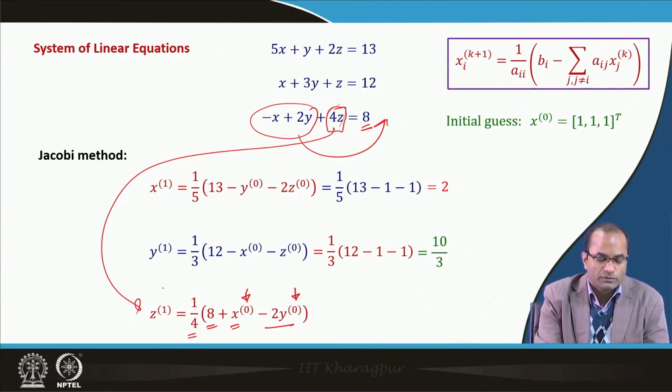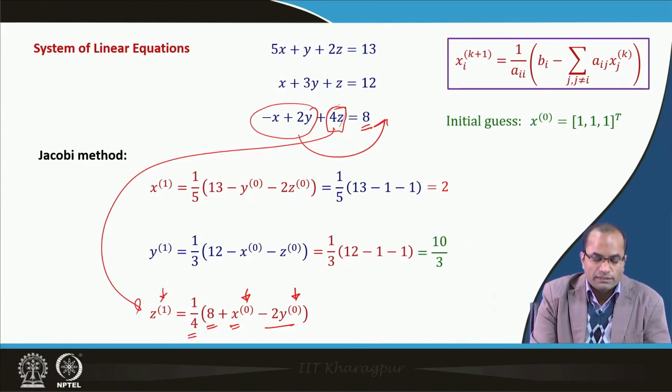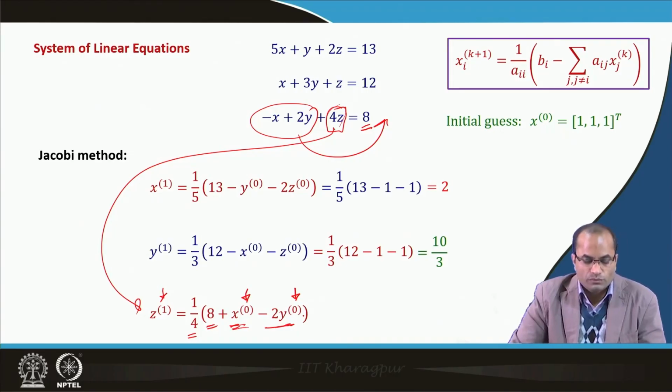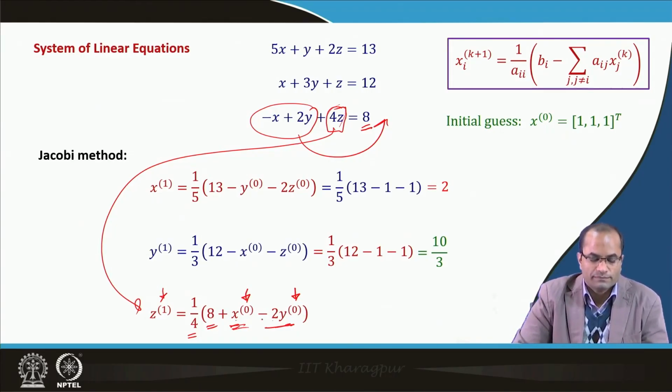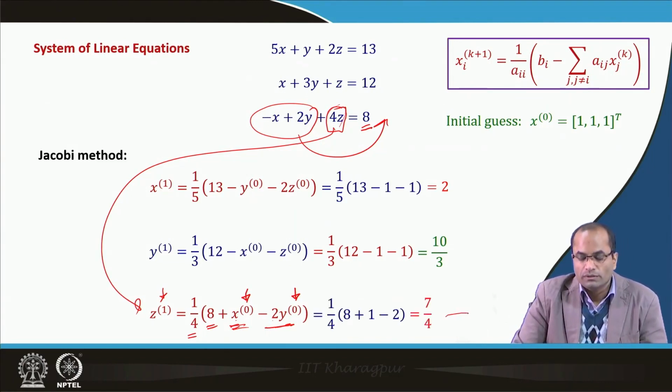So, the values as 0th level and the left hand side we have the values after first iteration. So, these are the initial guess which are known to us. So, here we have 1 and minus 2. So, this is minus 1 and then we have plus 8. So, this is all about what we are getting, 7 by 4. So, these are the values after one iteration.